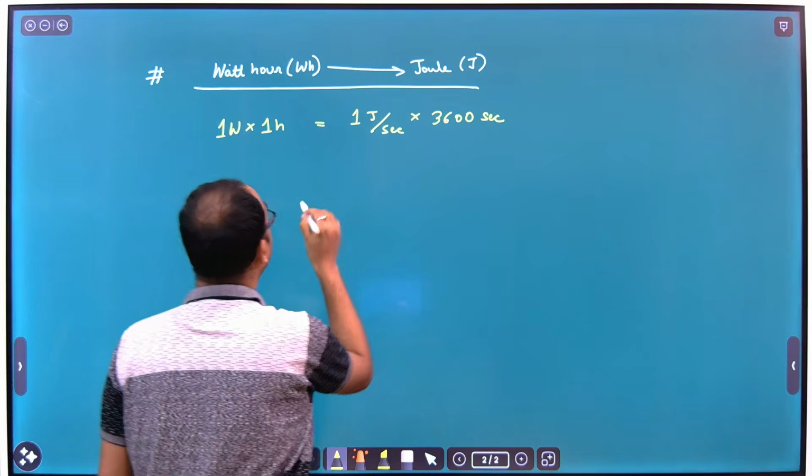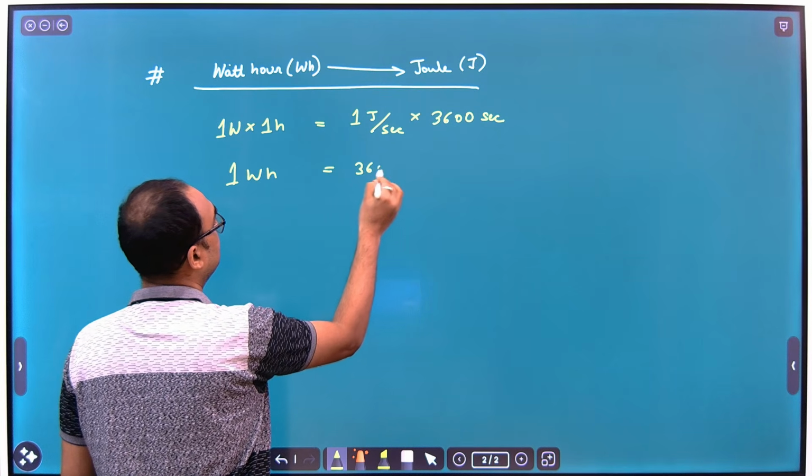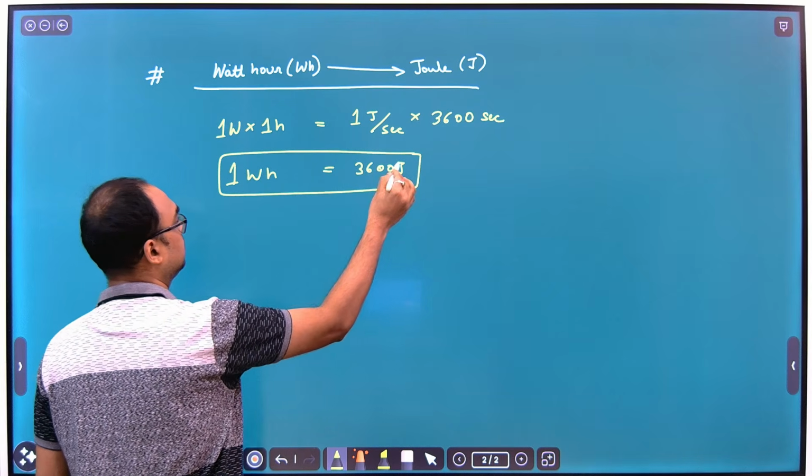So ultimately 1 watt hour is equal to 3600 joule. That is the first conversion.